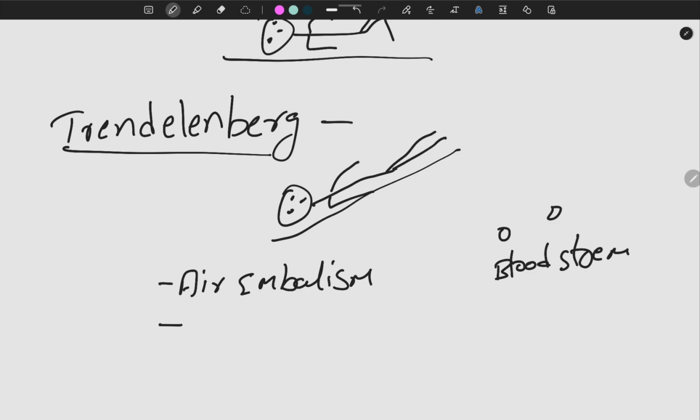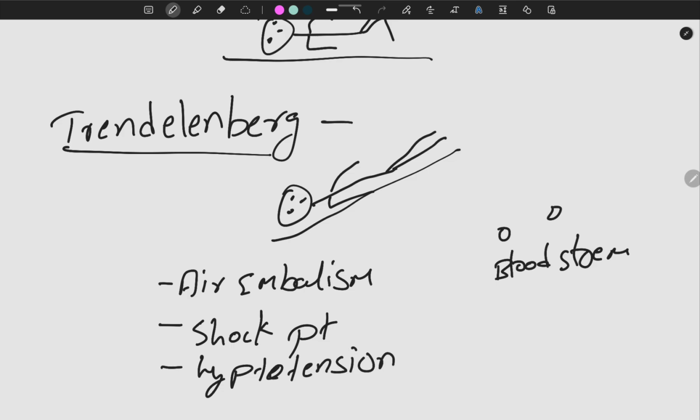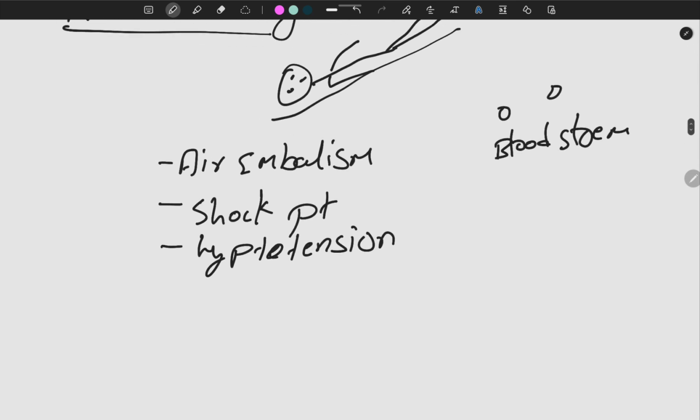And also for shock patients and hypotension, we can use this Trendelenburg position. And mostly cord prolapse, in obstetric cases.